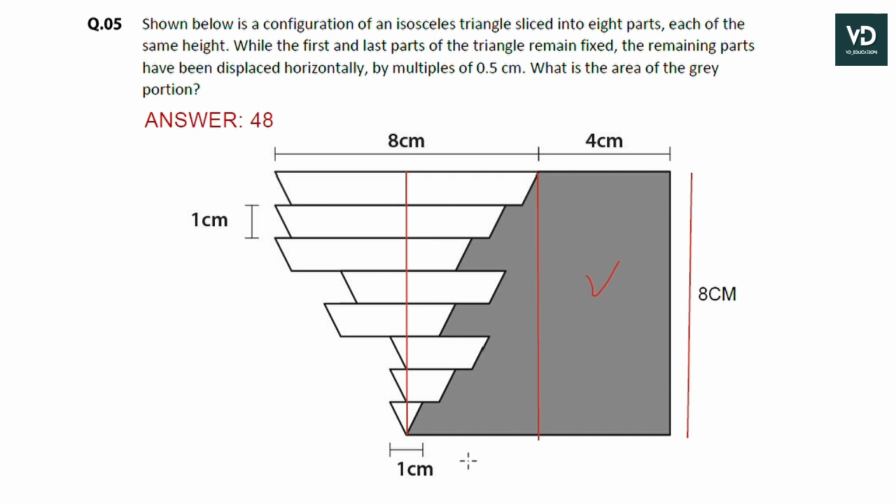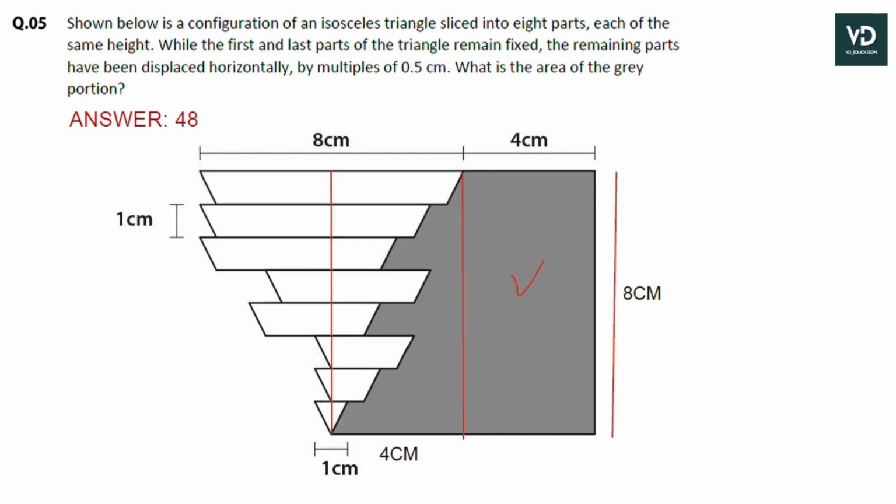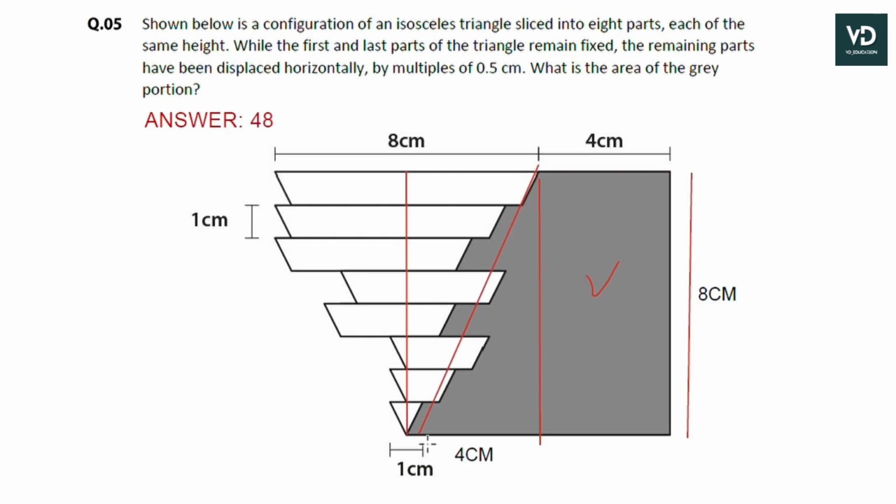So here बॉटम का जो dimension होगा, this will be half of the 8 centimeter. So we can write here this will be 4 centimeter. Okay, so we get here this rectangle portion and this triangle portion that is covered in a shaded part.